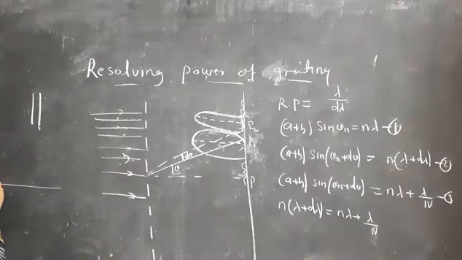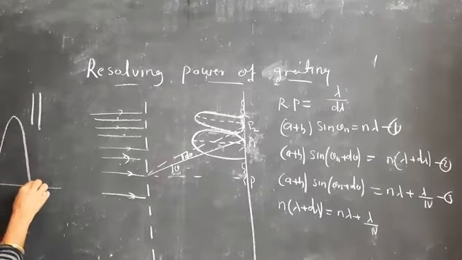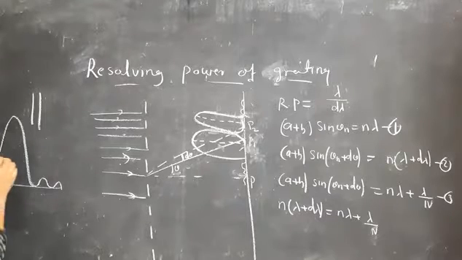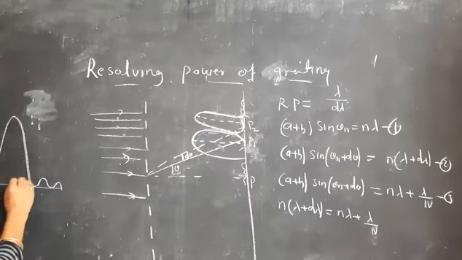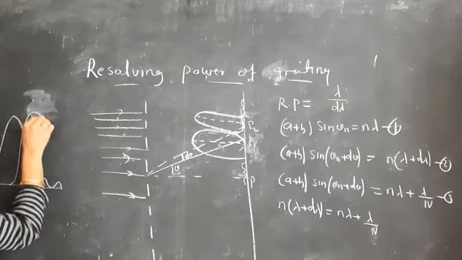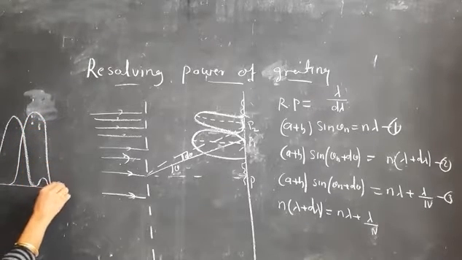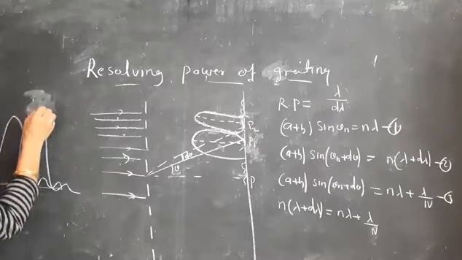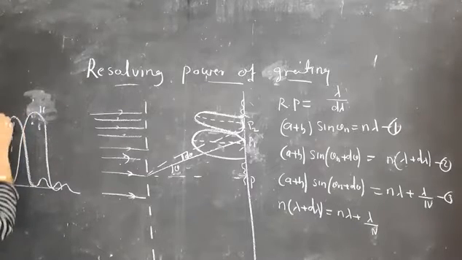Okay, then in the images, if this is the pattern of one image, then another one, the second one, it should be like this. Meaning, the minima of the second one falls over the maxima of the first one.